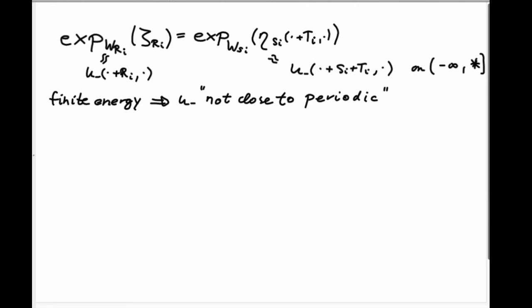So turning this into actual estimates is a little more dicey, but this is the basic idea here. So this then tells me that Ri should be close to this shift Si plus Ti. But then I do the same thing with U plus.